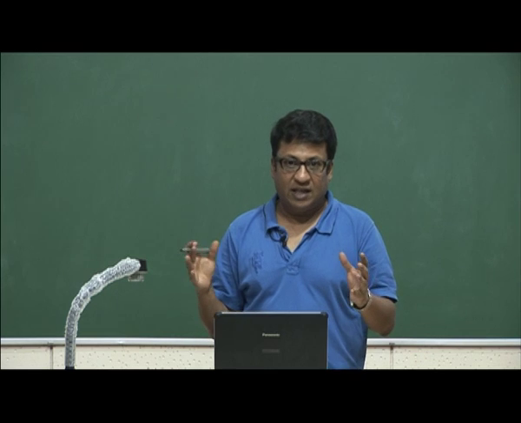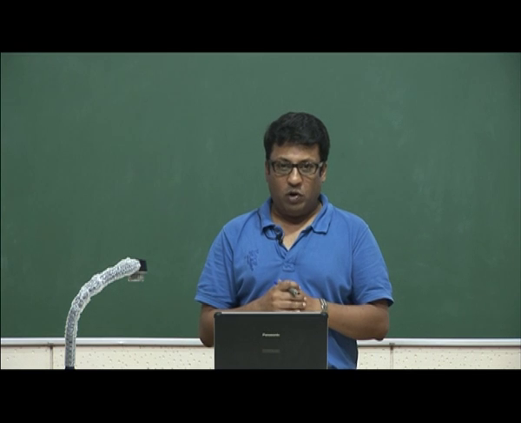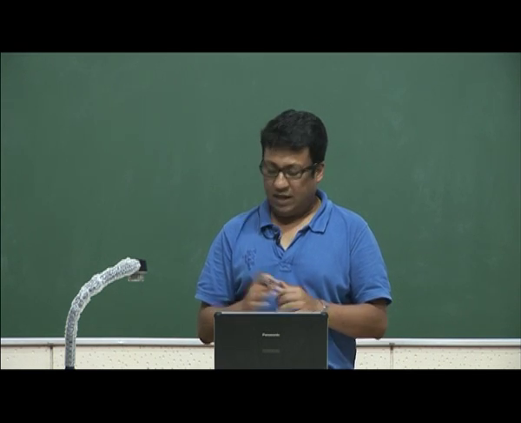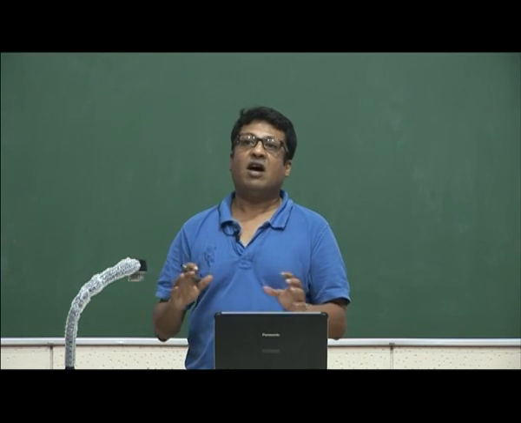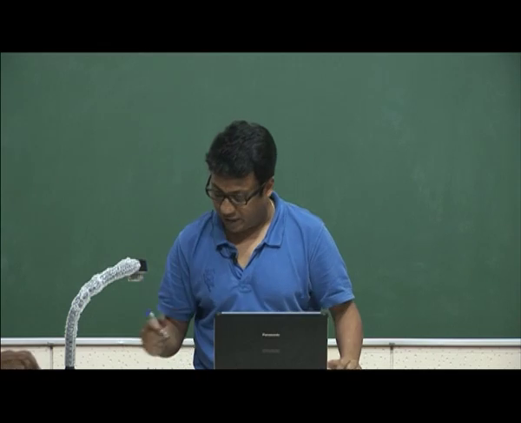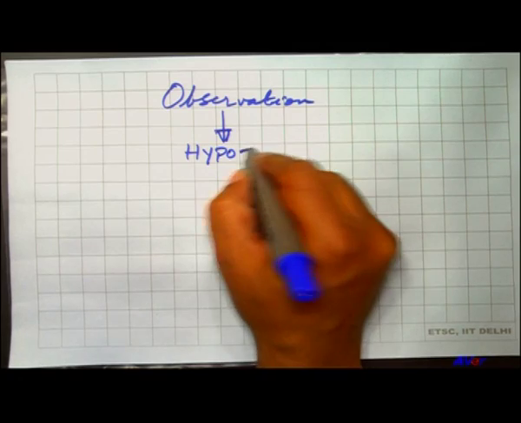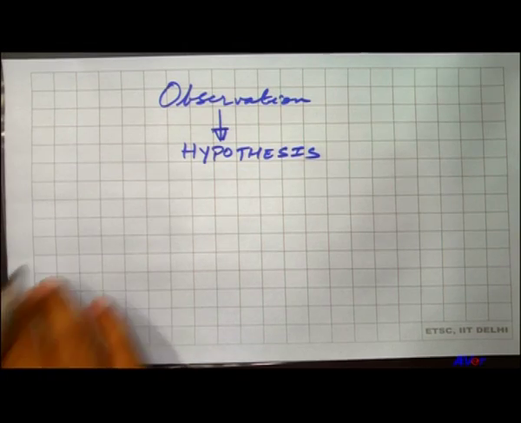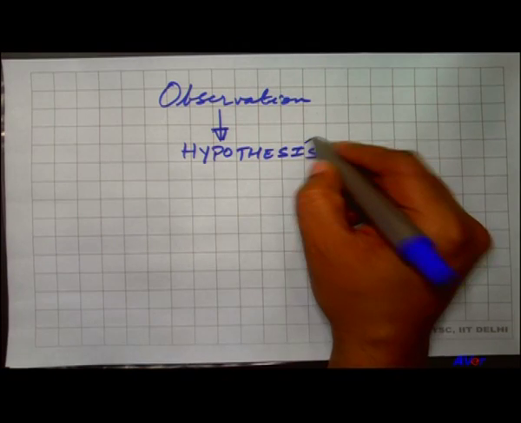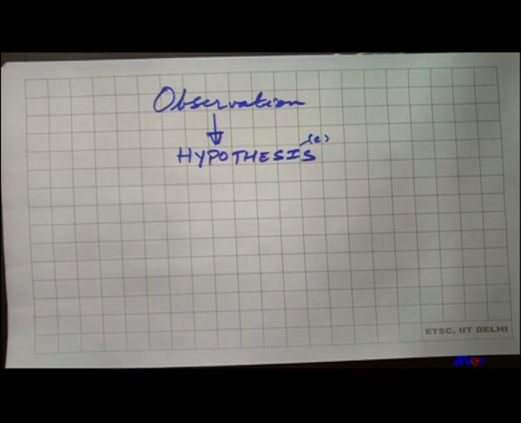We have observed something, and now we want to make sure there is some kind of explanation, a reason why it is actually happening. This explanation we call a hypothesis. The plural of hypothesis, the I is replaced by E. So, let us have one hypothesis.